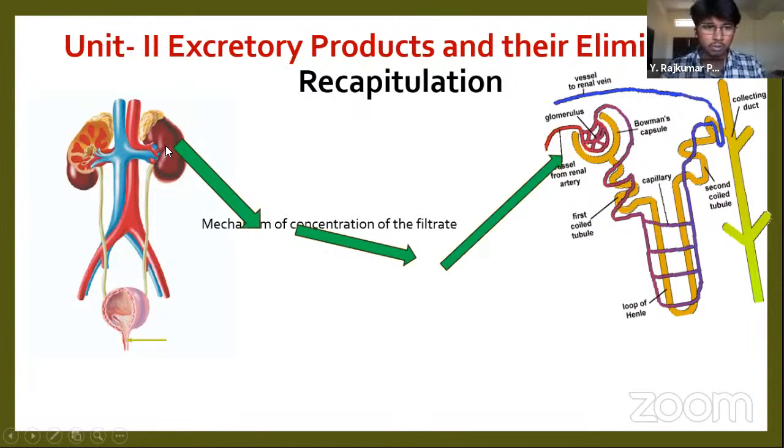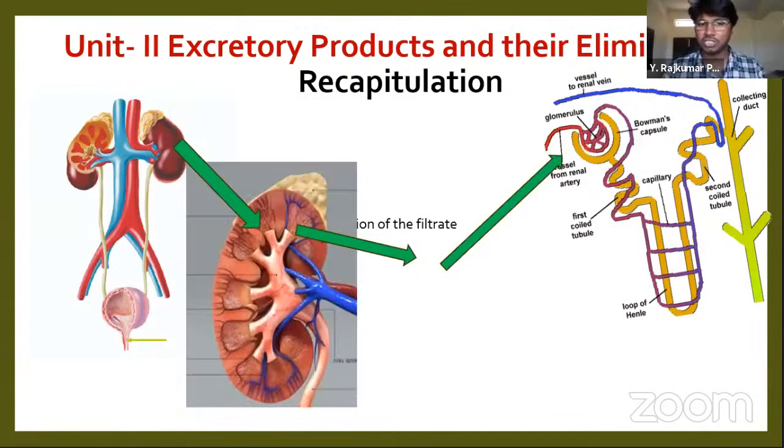it? And when you observe one single kidney in detail, we have seen the structure of it, and there are two parts internally: the cortex, which is the outer part, and the medulla, which is the inner part, isn't it?